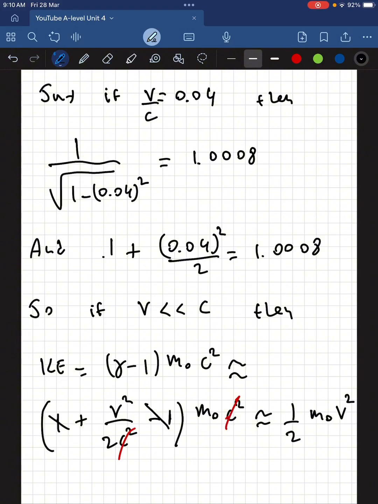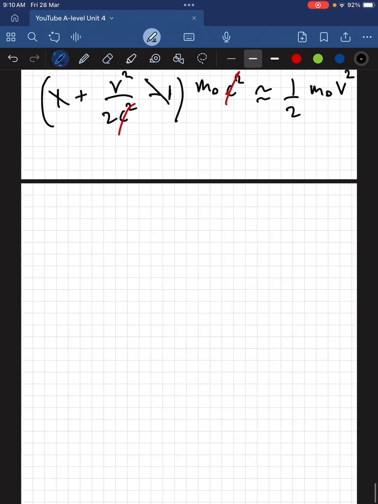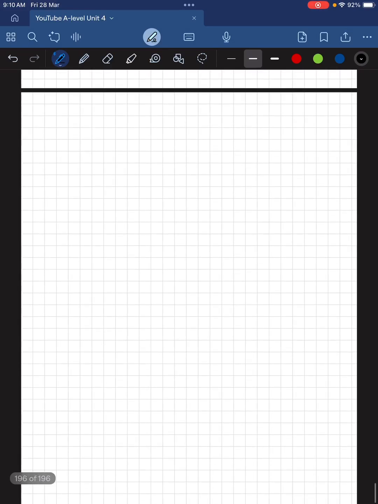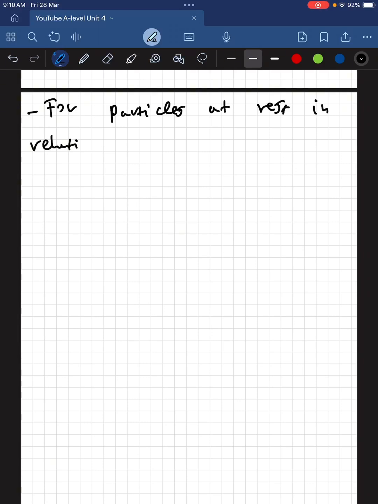Now, we talked about the kinetic energy so far. Let's talk a little bit more about other things. For particles at rest in relativity, the total energy is equal to mu c squared.